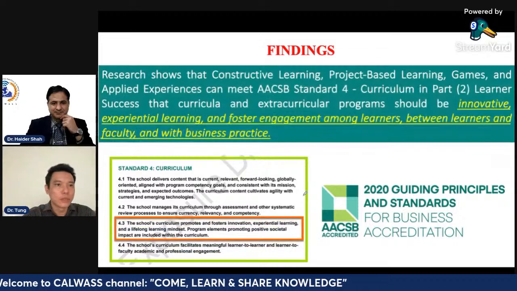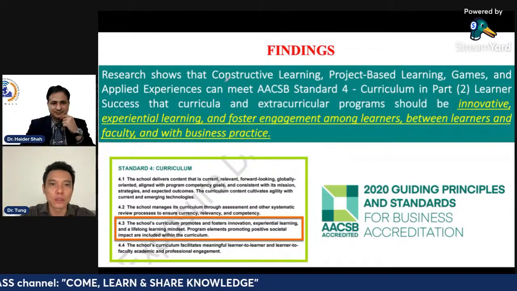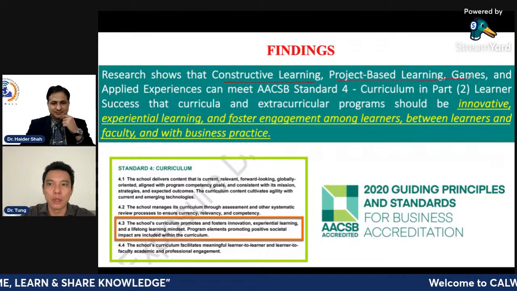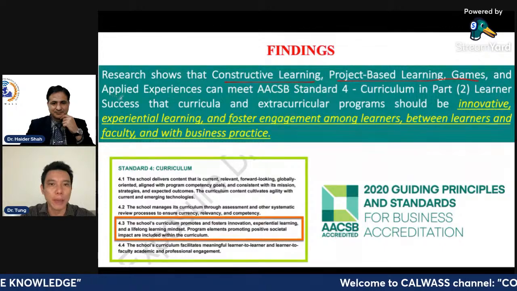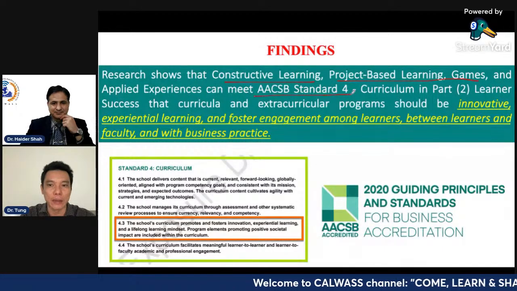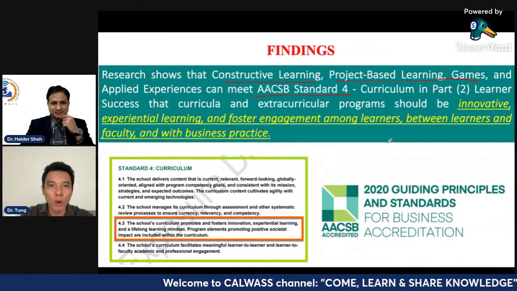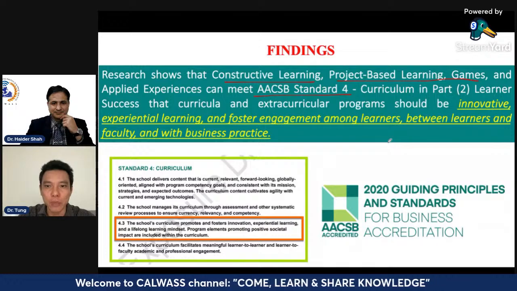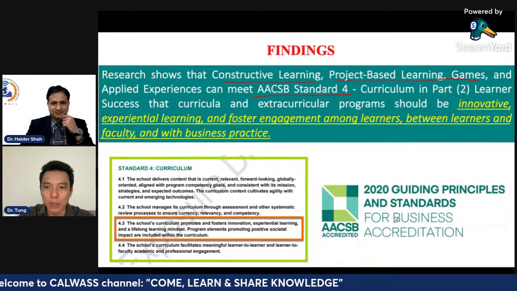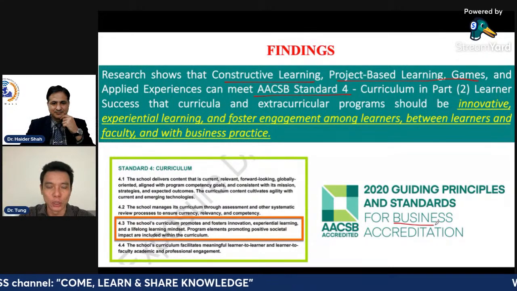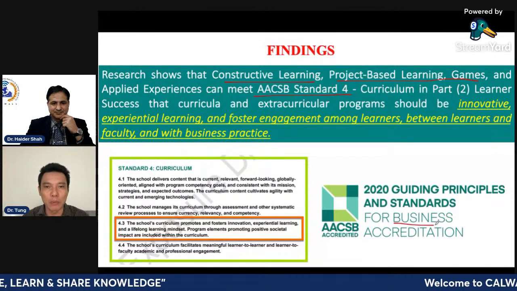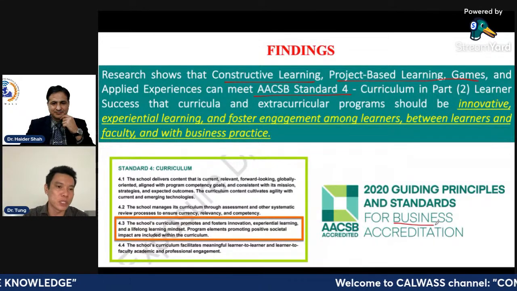So as a finding, my research shows that constructivist learning, project-based learning, and game-based learning can meet the AACSB standard. For those of you who don't know what AACSB means, AACSB is the business accreditation that accredits business programs for universities.